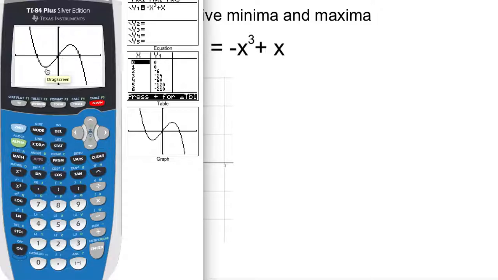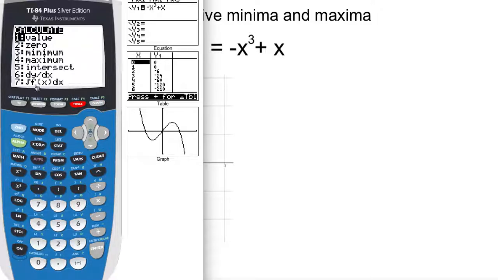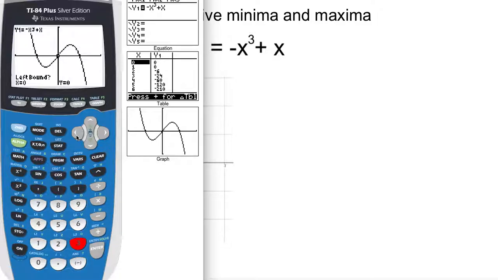To find the minimum and the maximum, there's actually a function in the calc menu here. So I go second, trace, and look at that, minimum. So I choose minimum and ask for a left bound. I'm looking for the minimum right now. So visually, I have to see that it looks like it's about here. So I have to move this left bound to some point to the left of where it looks like.